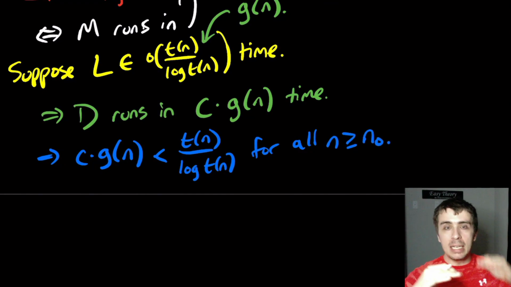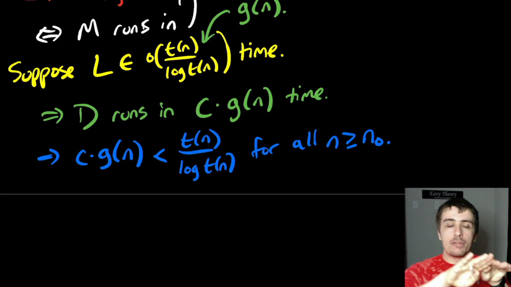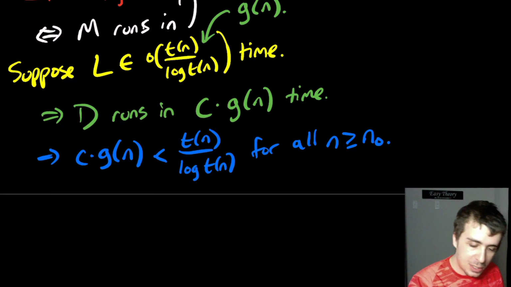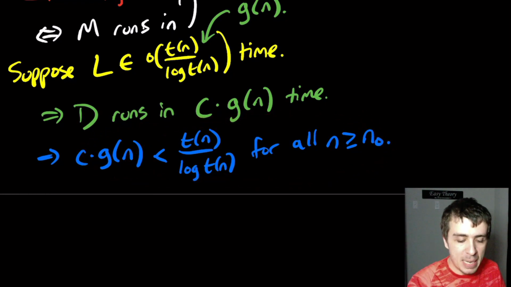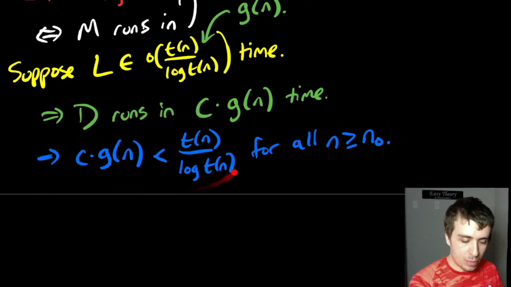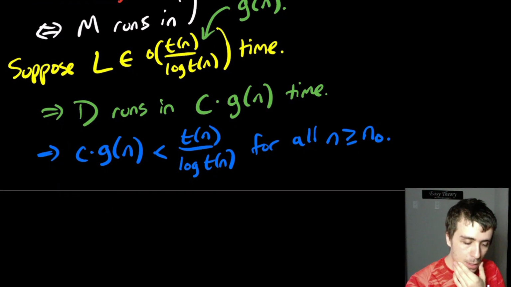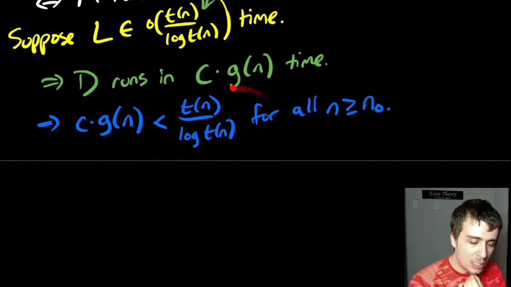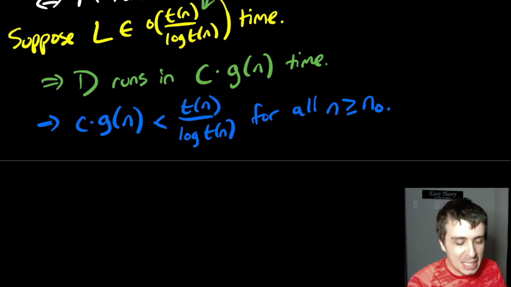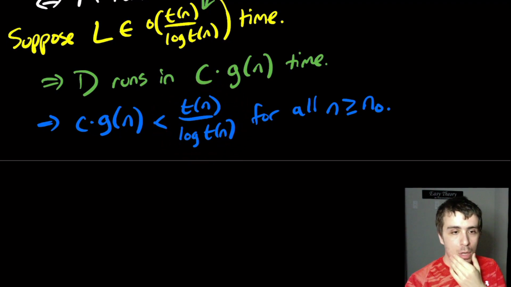So n0 is the point where you gotta decide which of these two functions is the bigger and which one's the smaller. So it's by definition of little o. As long as the input n is bigger than this, then that's what this means here. Okay, so this guy runs in less than this amount of runtime.